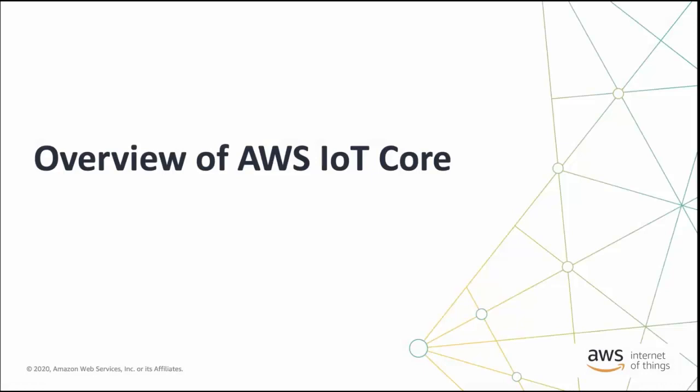Thanks, Gavin. So as Gavin mentioned, from a device to the cloud, Gavin gave us a very good overview on the device side. Now, let's shift our gear to look at the cloud side, which is the AWS IoT Core.